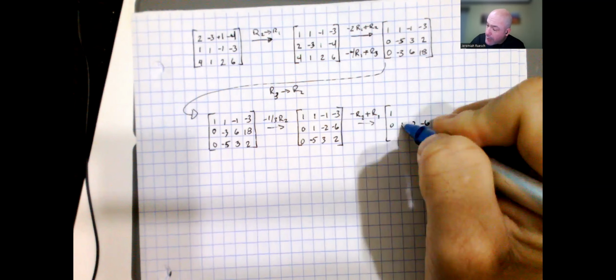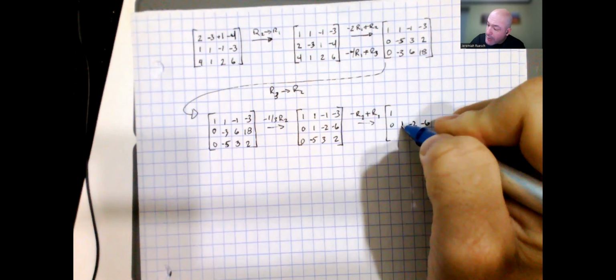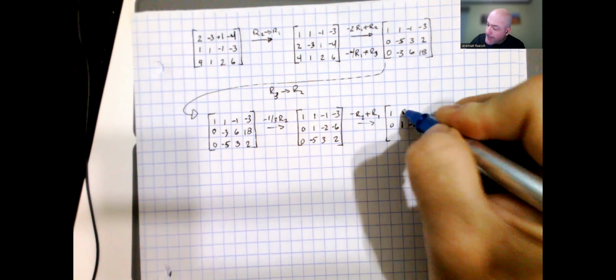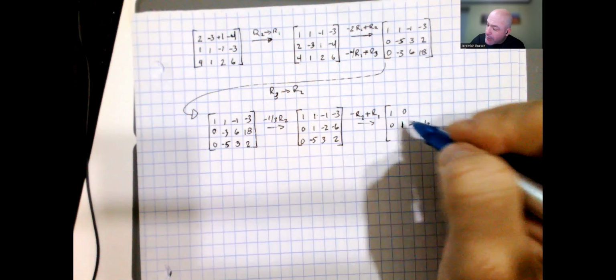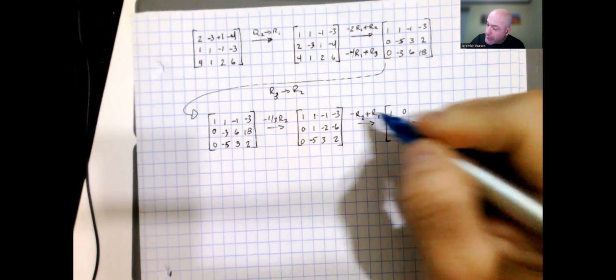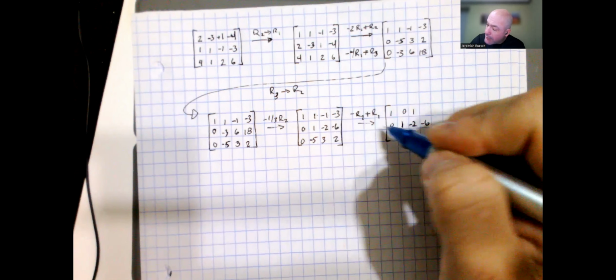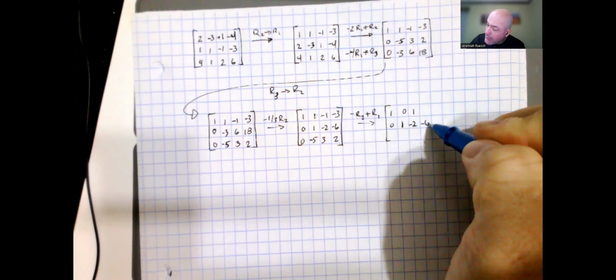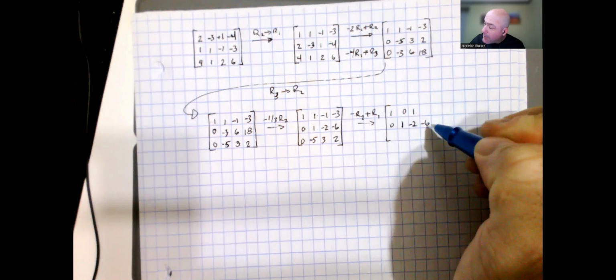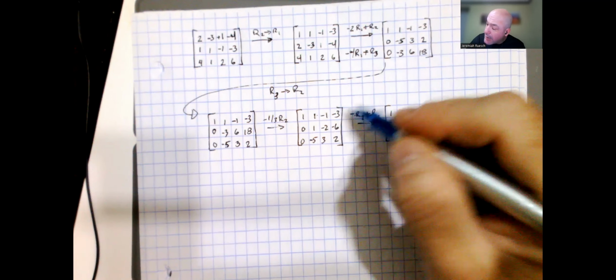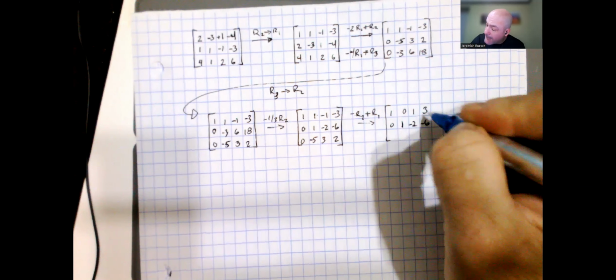So negative times a negative 1 makes it a negative 1. I'm adding it to this one, so that makes it 0. Then negative 1 times negative 2 is a positive 2. I'm adding it to that negative 1, so that's a positive 1. And then negative 1 times a negative 6 makes that a positive 6. Adding it to that negative 3 makes it a positive 3.